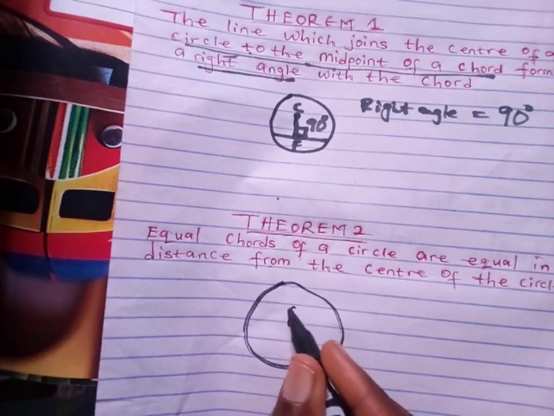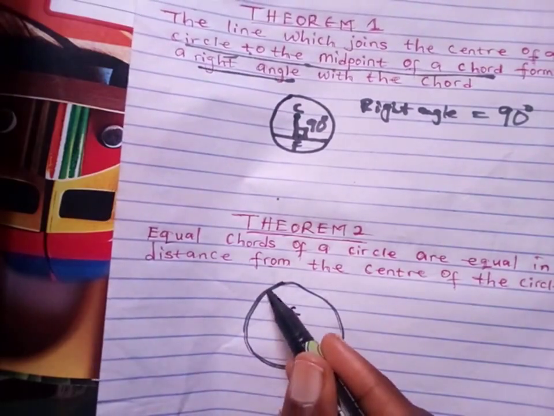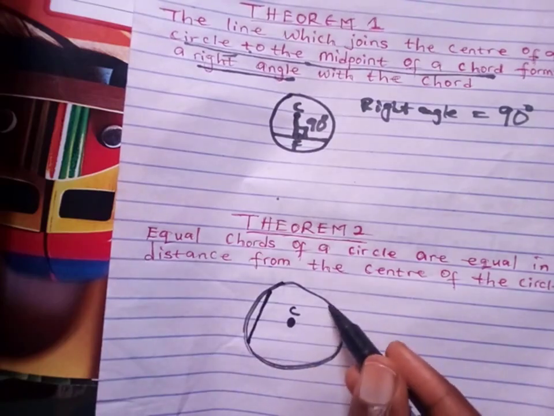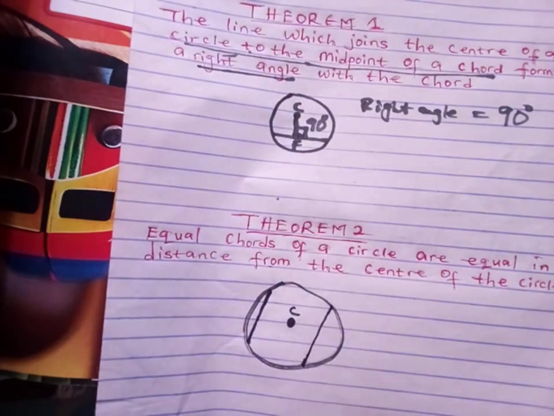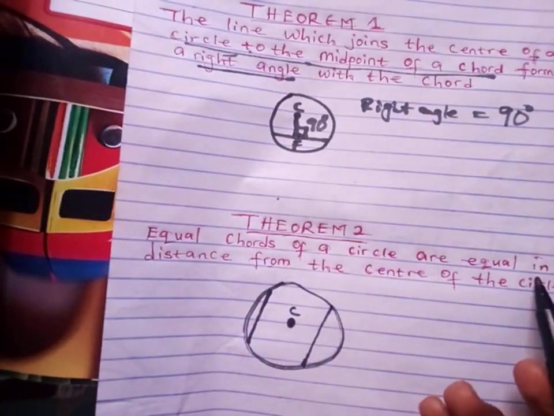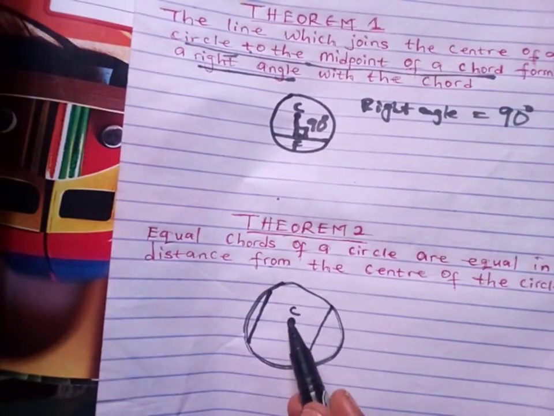We can label it C. Let's say you have a chord that is running this way, and another chord which is running this way. Now, the law is saying that the equal chords of a circle are equal in distance from the center of the circle. This is the center of the circle.